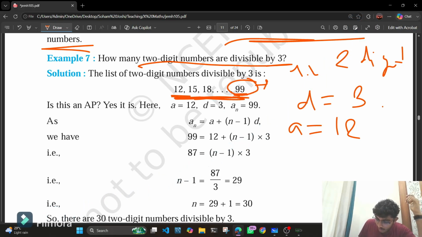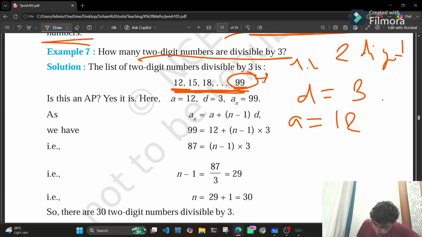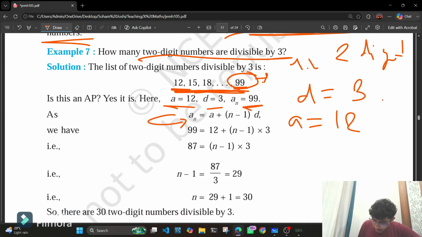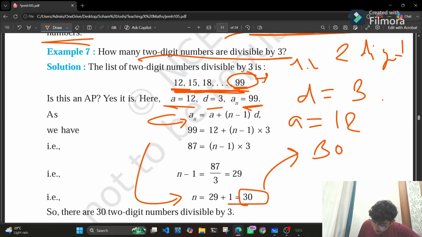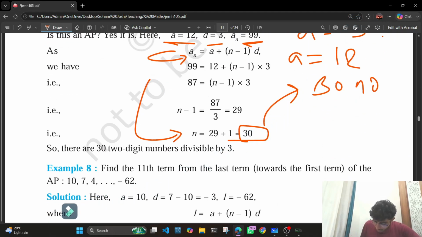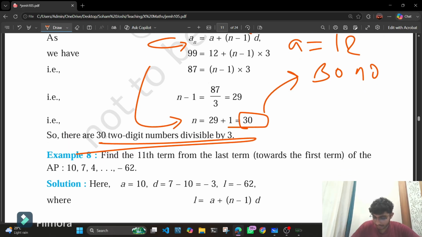If we find which term this is, we get the number of two-digit numbers divisible by 3. So A is equal to 12, D is equal to 3, and the nth term is equal to 99. Substituting into the nth term formula, we get n equal to 30. So 30 two-digit numbers are divisible by 3. I hope that is understood.